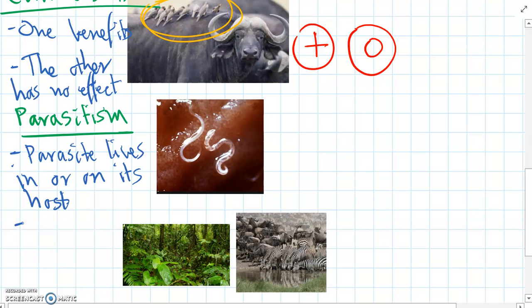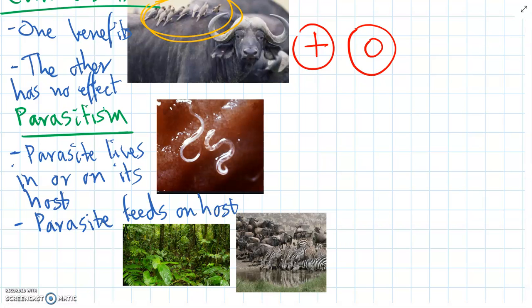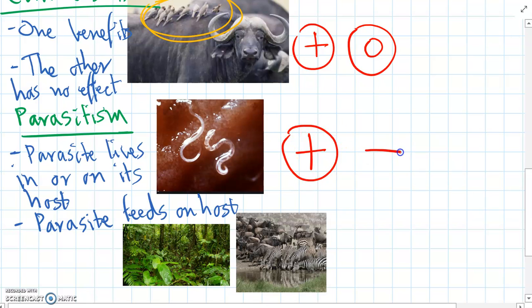And the parasite benefits because it feeds on its host, but the host is harmed. So the parasite feeds on the host, and the host, it either becomes sick or it has less energy available. So parasitism, one species benefits and the other one is harmed.